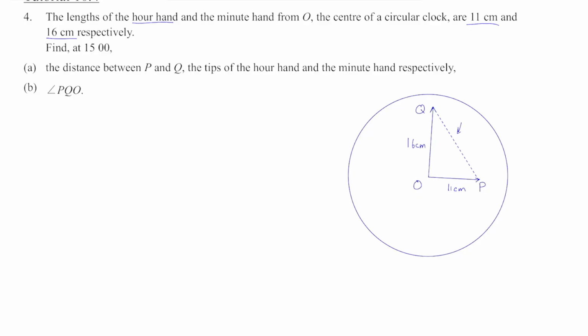So to find this length between P and Q, I just have to use Pythagoras theorem. So this is working for A. Pythagoras theorem is C square equals to A square plus B square. A and B would be the perpendicular lines. So in this case would be equals to 16 squared plus 11 squared. Oh, forgot the squares. And this would be PQ square.